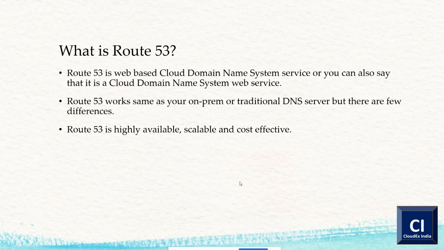When I say cost effective, you need not make an upfront payment, you need not purchase a server and do the configuration. You need not worry about the operating system or DNS server configuration, server hardening, security, or patching. You need not worry about it. They configure everything in the backend and provide you the service.